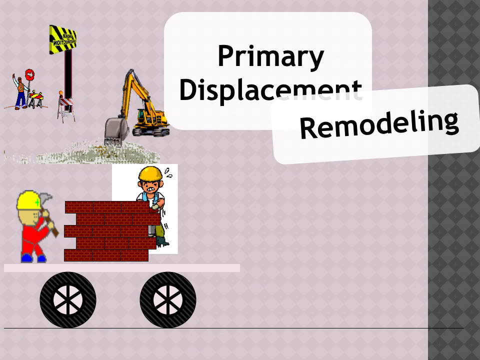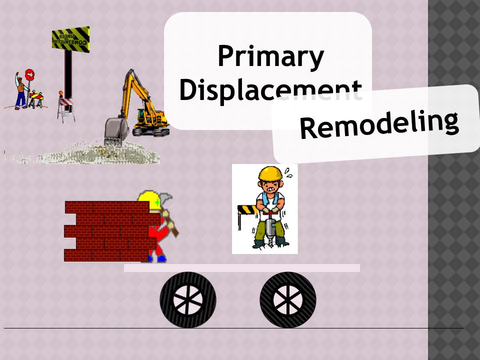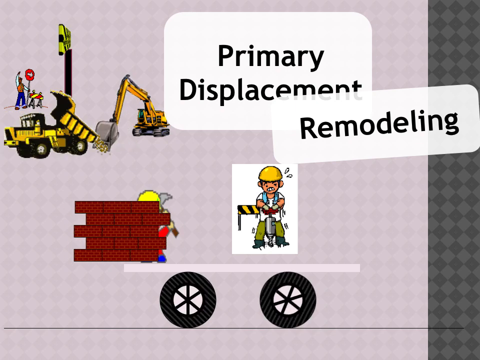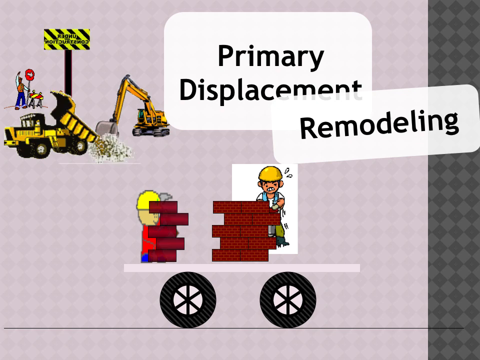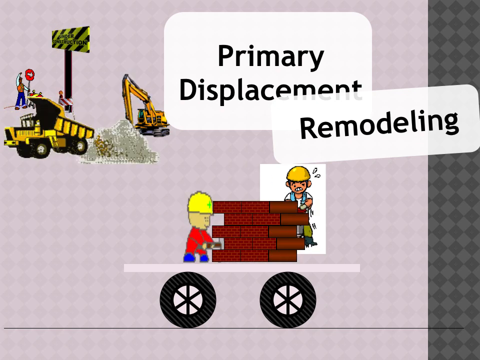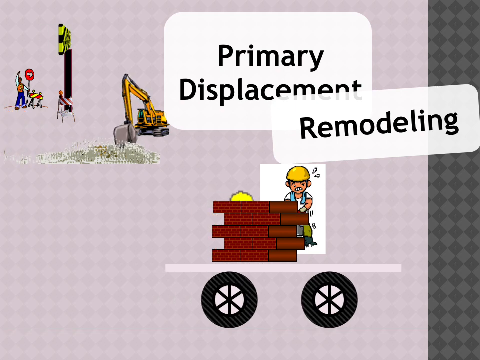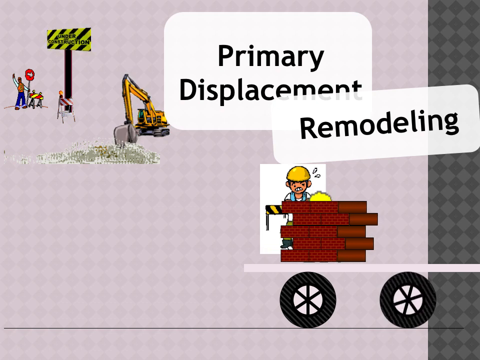So basically remodeling is happening at every position. When you have primary displacement, that means a bone's own remodeling, deposition and resorption will also obviously lead to a displacement or change in position of the bone towards the direction of deposition.